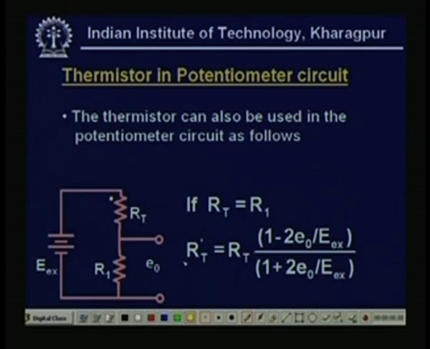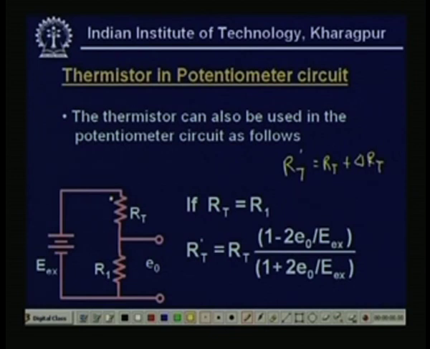In this case, if RT equal to R1, then RT dash will be equal to RT plus delta RT, that means the changed resistance, where RT dash, as I told you earlier, equal to RT plus delta RT. RT dash equal to RT (1 minus 2 E naught by Ex, excitation) upon (1 plus 2 E naught by Ex).